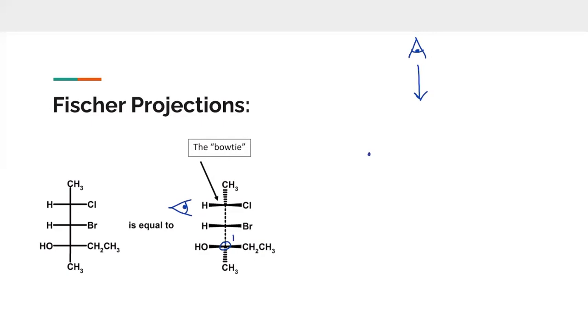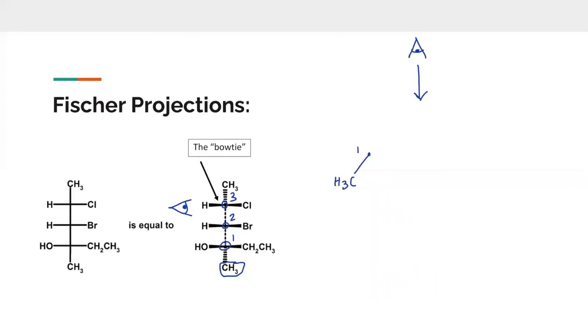And then, because this CH3 group is a dash going into the page, we will see that this CH3 will be going down. Similarly for these other inner carbons, 2, 3.